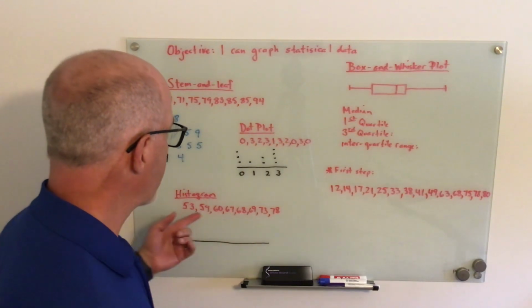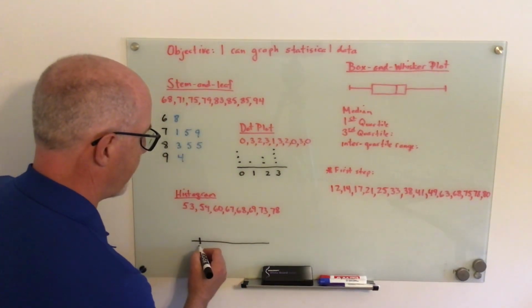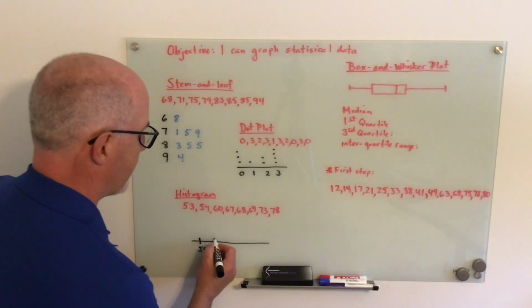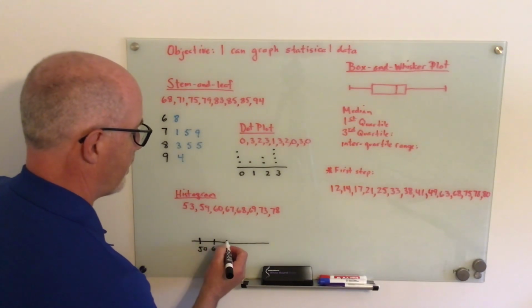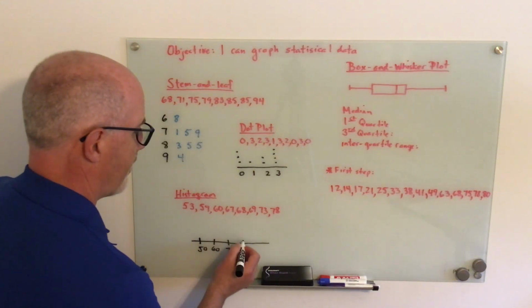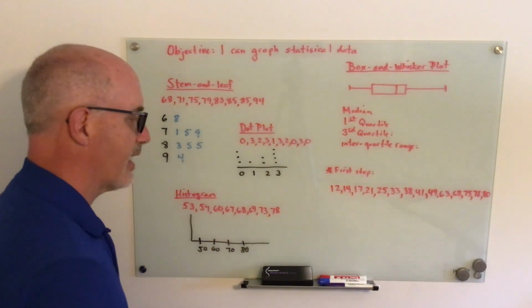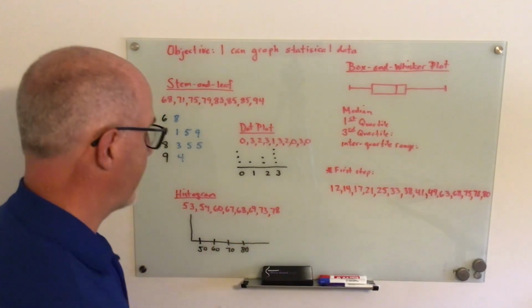So if these scores here, I'm going to group the 50s together. So between 50 and 60, and then between 60 and 70, and then between 70 and 80. Every time you reach a number, you would go ahead and go up to the next bucket of numbers.